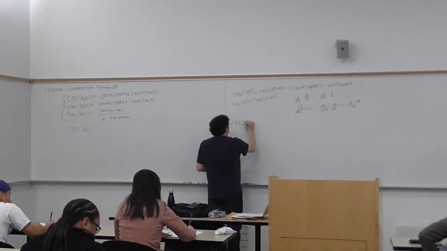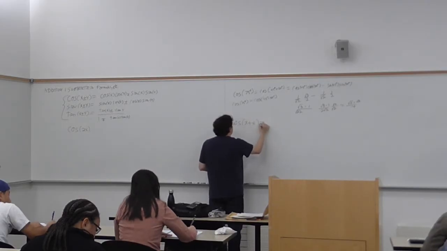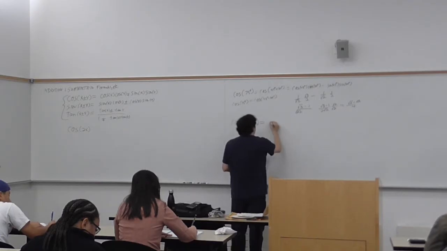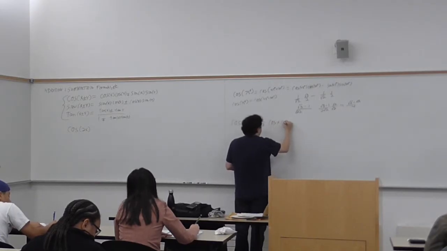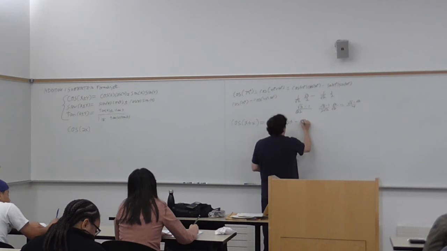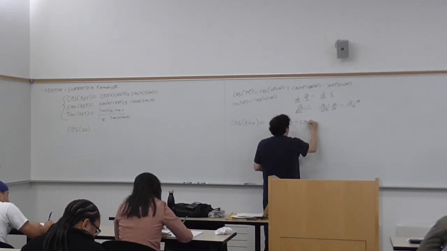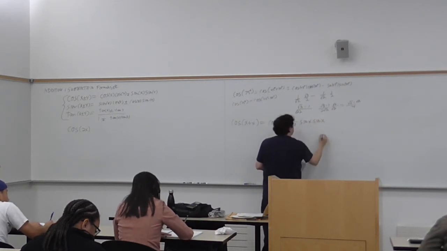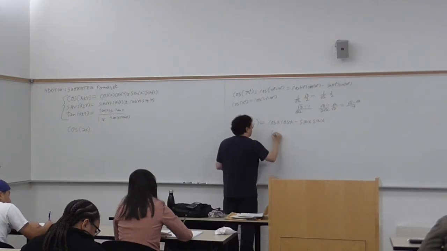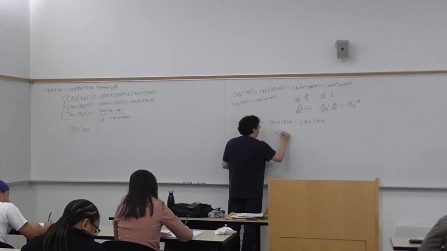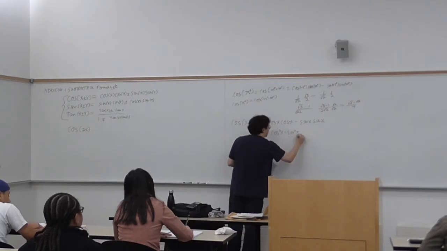That's like the cosine of x plus x. Well, that's cosine x cosine x minus sine x sine x. So that's cosine squared x minus sine squared x.